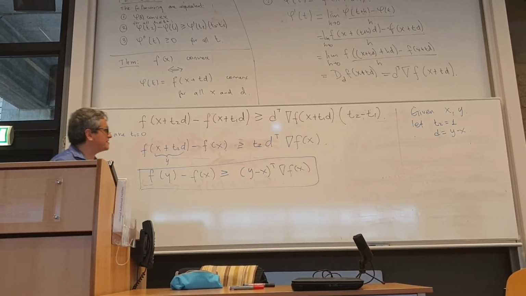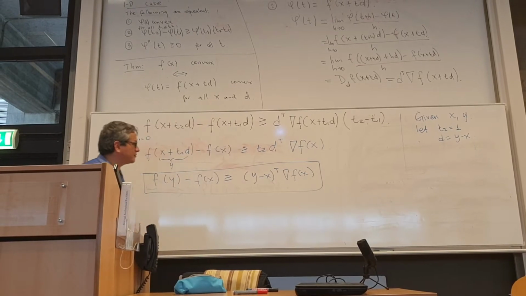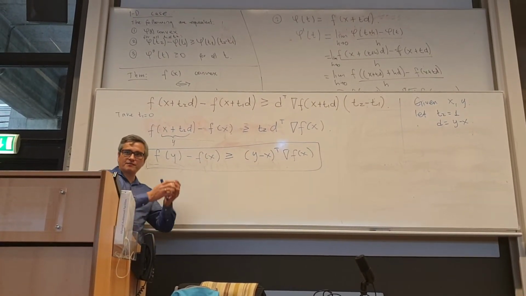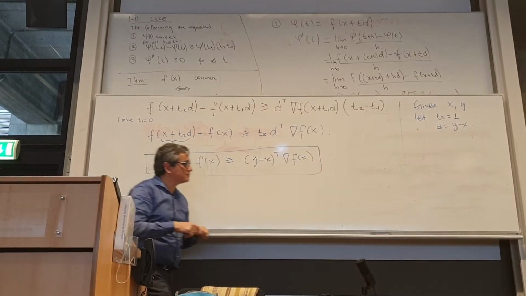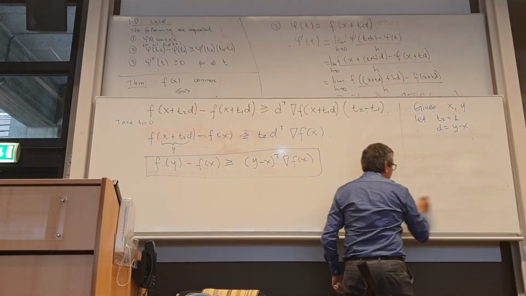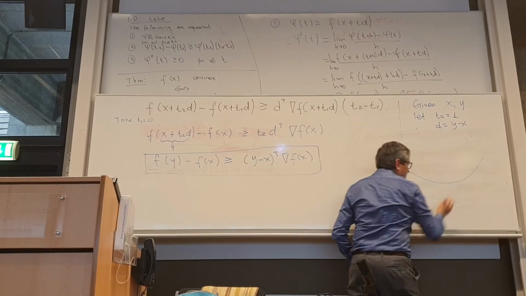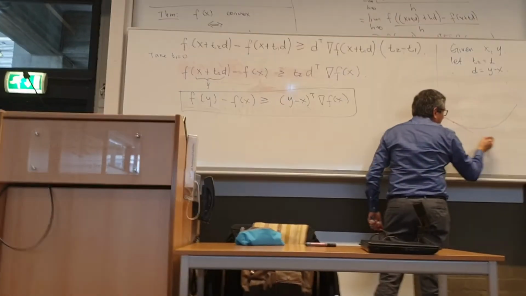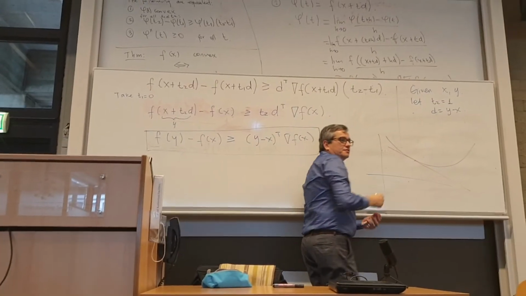So it is. But the important part is that we understand what this theorem is saying. I have my convex function. I can only draw it in 2 dimensions, but I have my convex function, and then I take the first order approximation, and it's going to be always below the function.